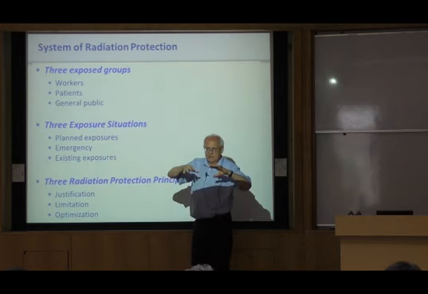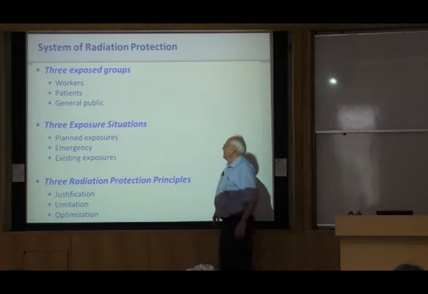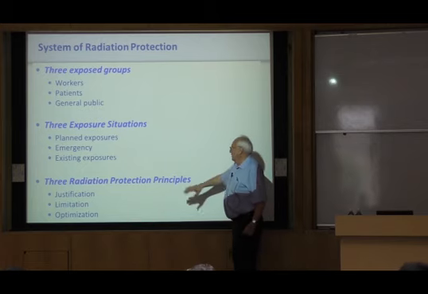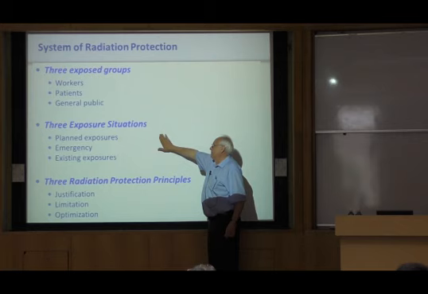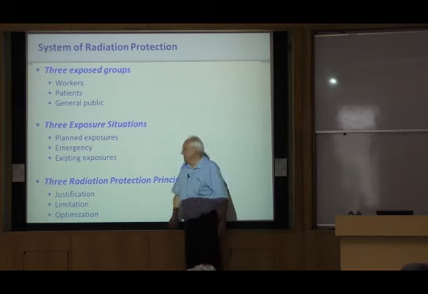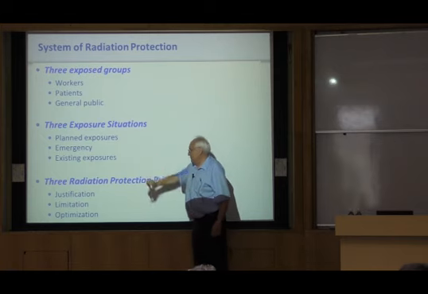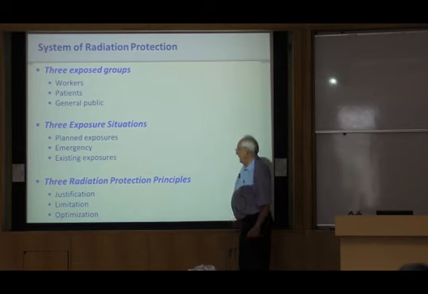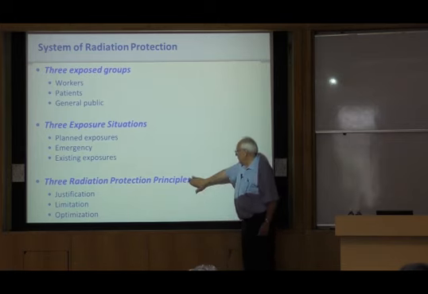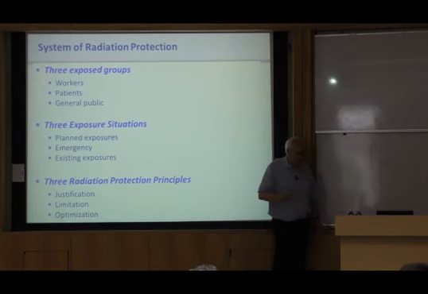This is you and me and all of us, who might be exposed by radiation. We have 3 exposure situations. One is for planned purposes, for emergency and for existing exposures. And then we have 3 radiation protection principles.